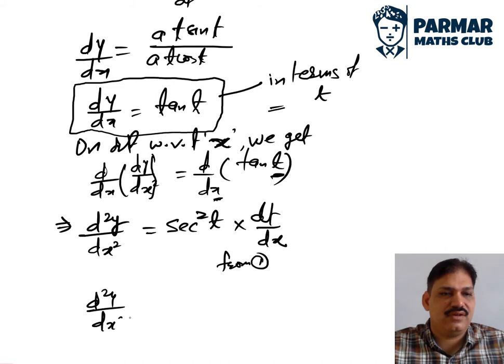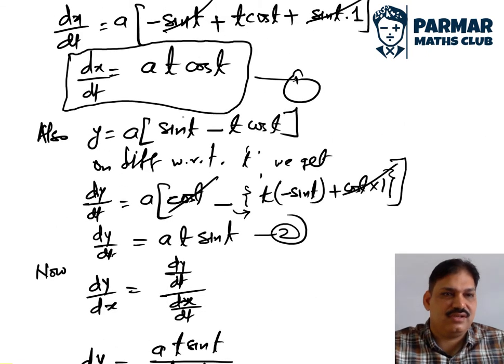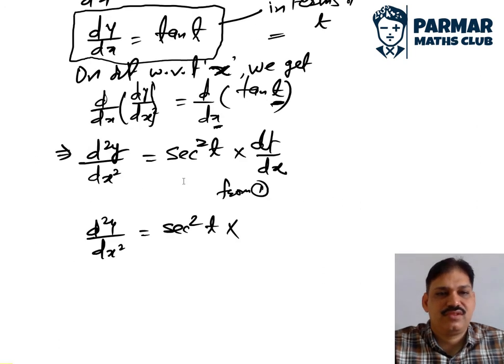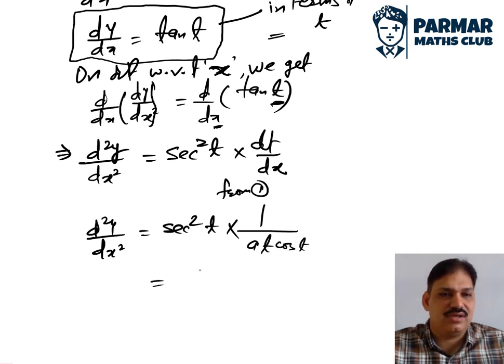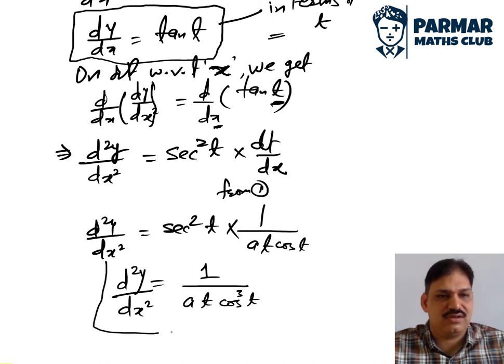The second order derivative is equal to sec square t into dt by dx, which is 1 upon a t cos t. So this can be written as 1 upon a t cos cube t. Okay, this is the second order derivative.